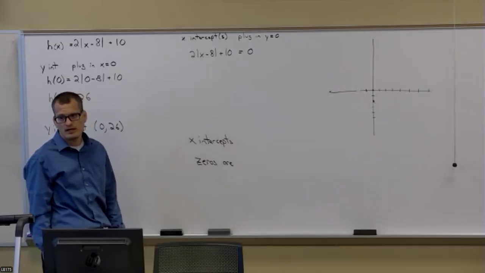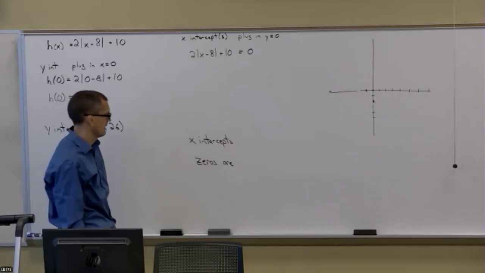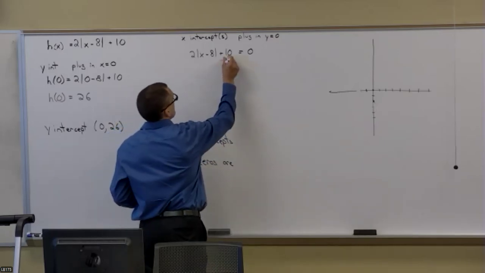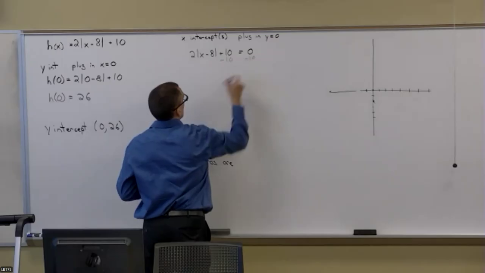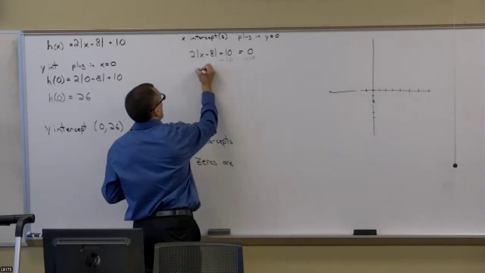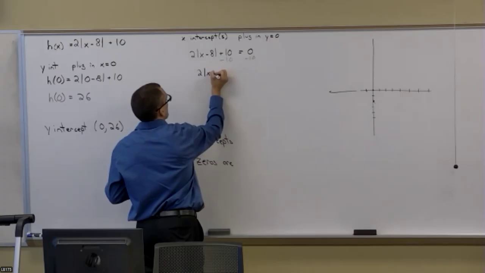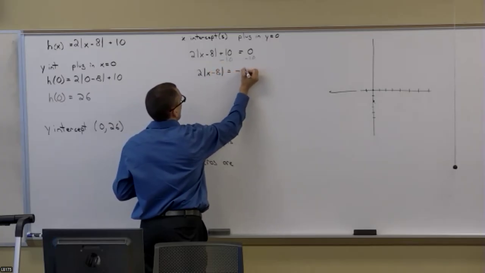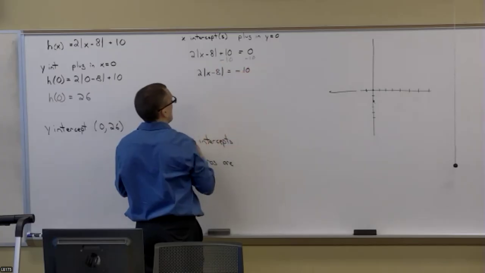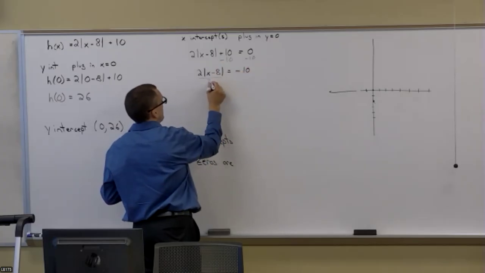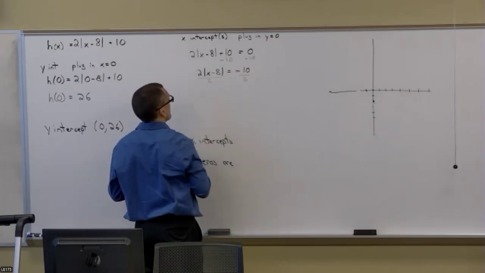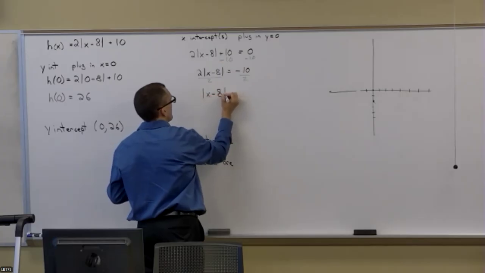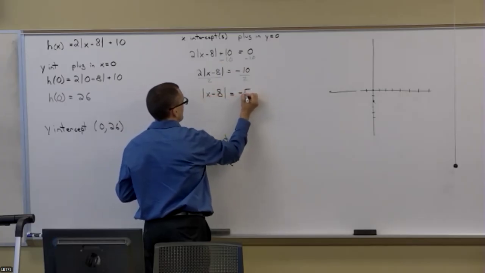In any case, when you solve, you would subtract 10 from both sides, and that would leave you 2 times the absolute value of x minus 8 is equal to negative 10. And then we divide both sides by 2, which gives the absolute value of x minus 8 is equal to negative 5.